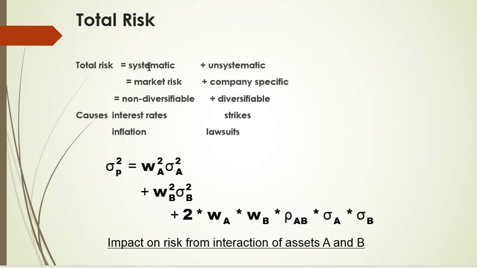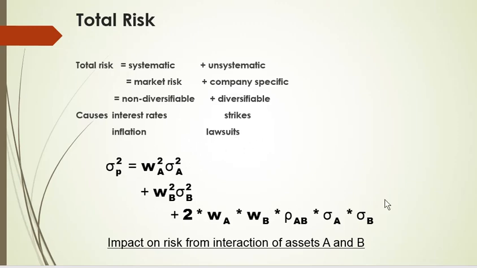All companies are adversely affected by these, so you can't eliminate them by putting them together. But company-specific risks are things like strikes and lawsuits. They're only going to affect one or two companies maybe in your portfolio, so you can diversify away those effects by adding things together that don't go on strike or have lawsuits.